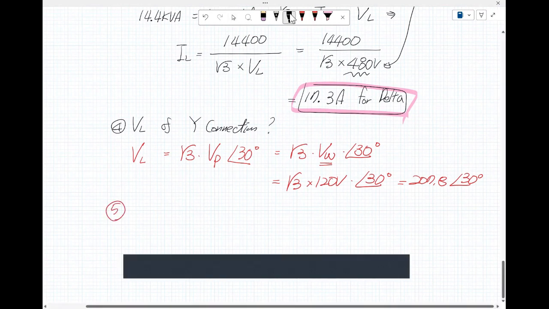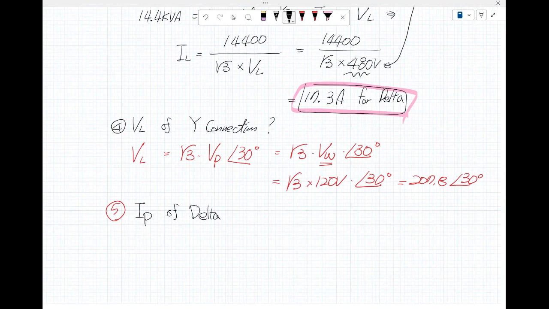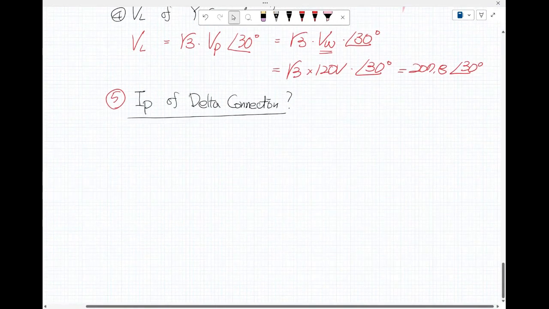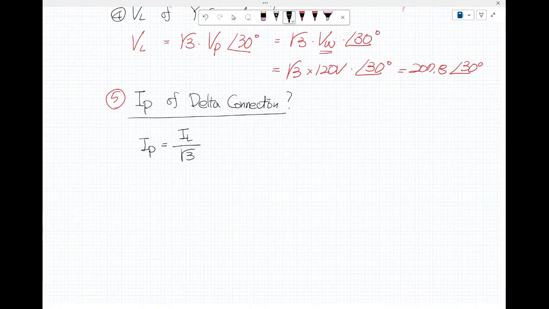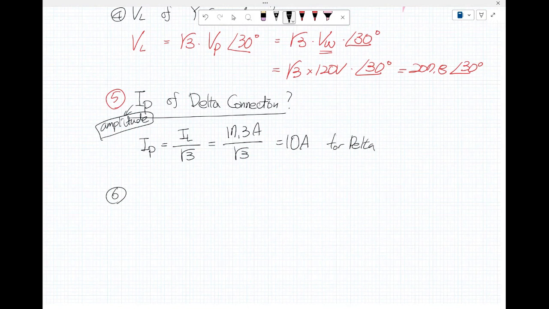What is the phase voltage of the delta connection? Phase current, root 3 in I sub L. This is just the amplitude.